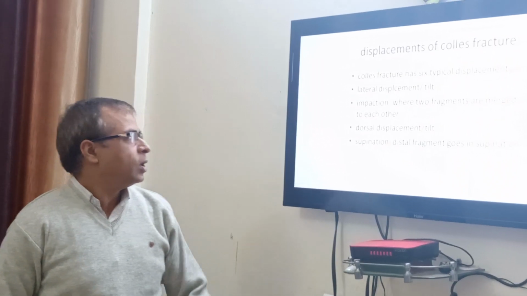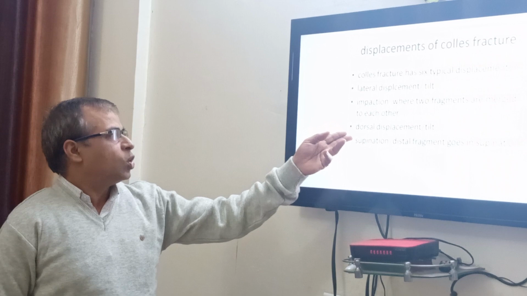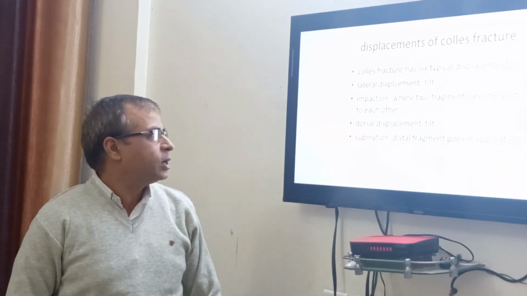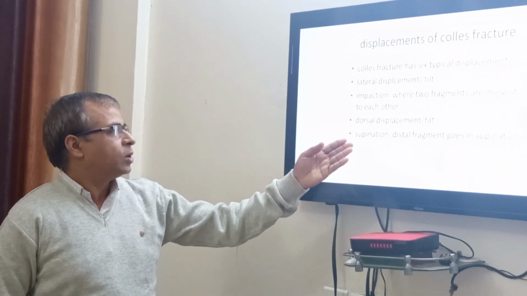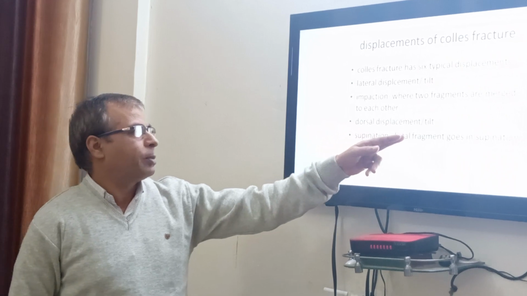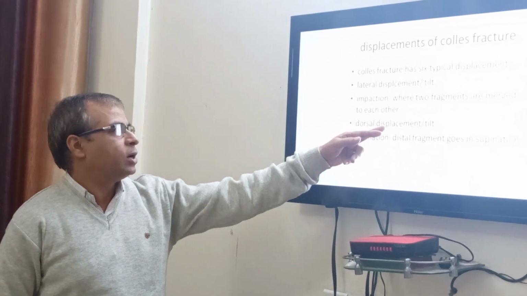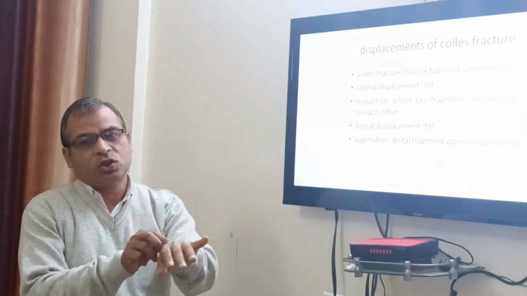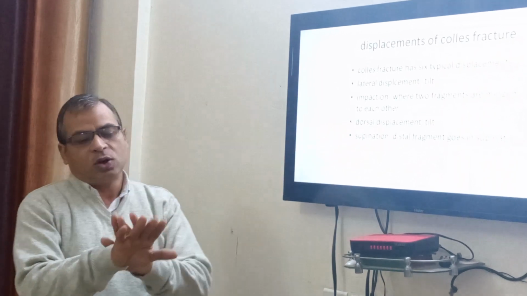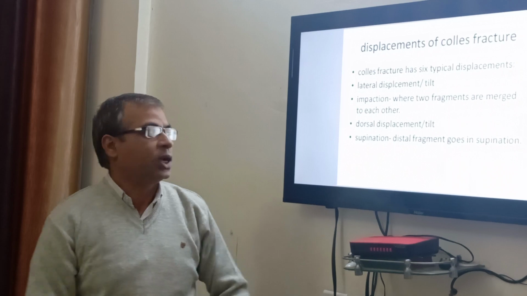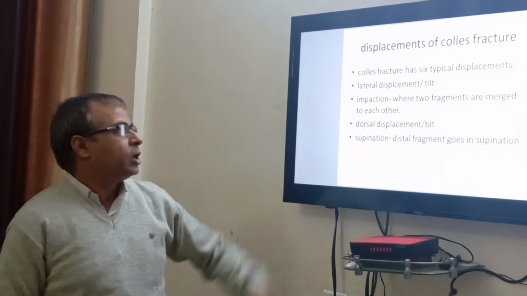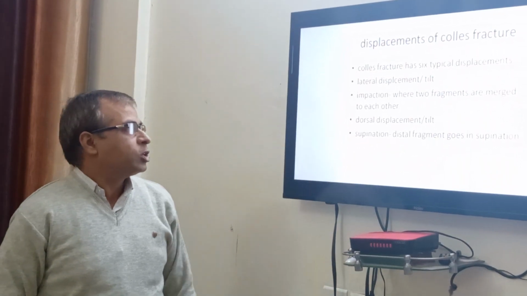And other displacements are dorsal displacement or dorsal tilt, and supination, where the distal fragment goes into supination, and dorsal displacement or tilt, in which the distal fragment is displaced dorsally, or posteriorly, on the extensor side. So these are the different displacements of the Colles fracture.